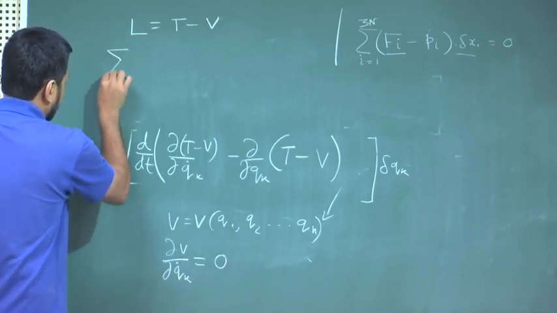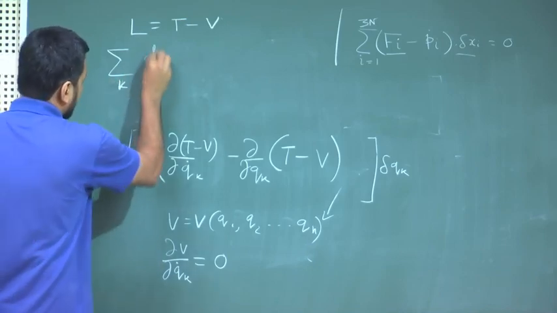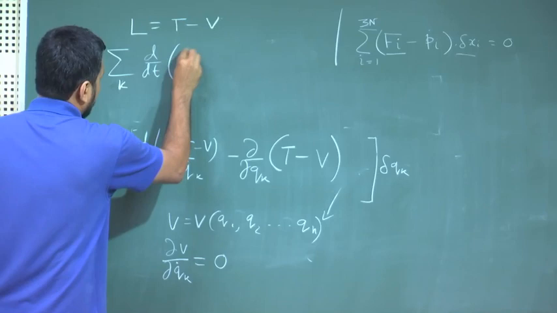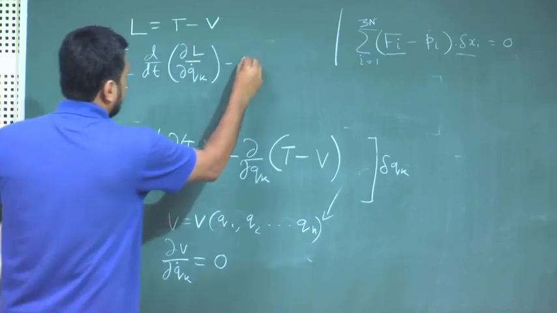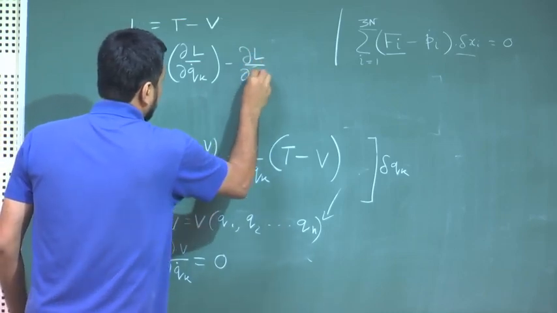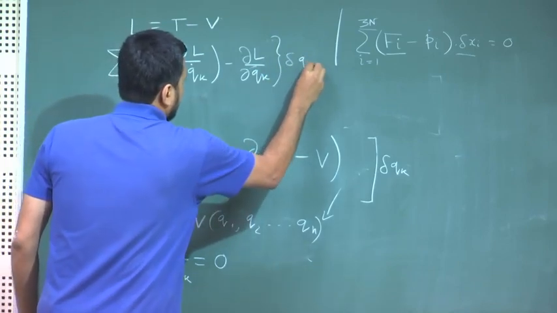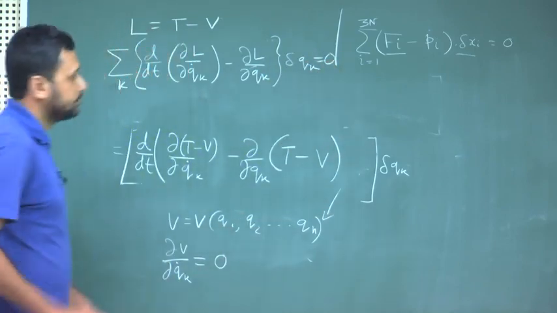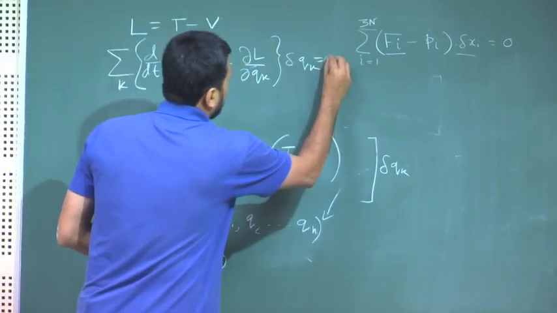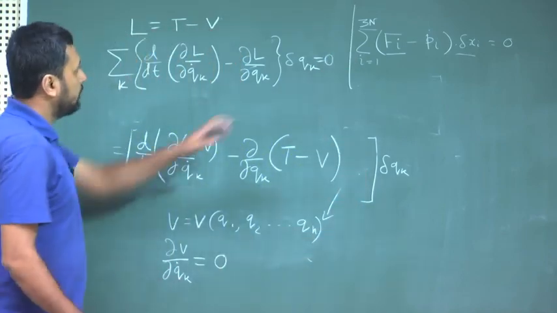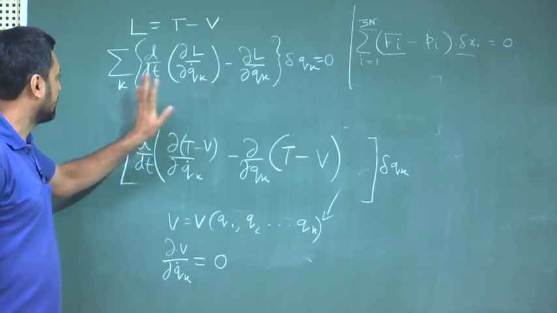I am writing the summation explicitly, sum over k of d dt of del L del qk dot minus del L del qk, delta qk equal to 0. So, this is the form of D'Alembert's principle in the generalized coordinate system.